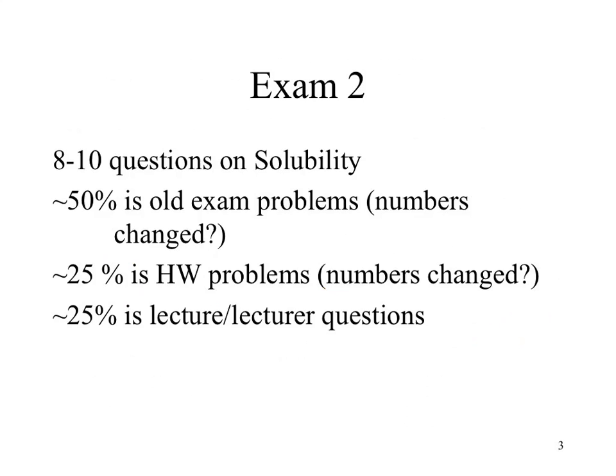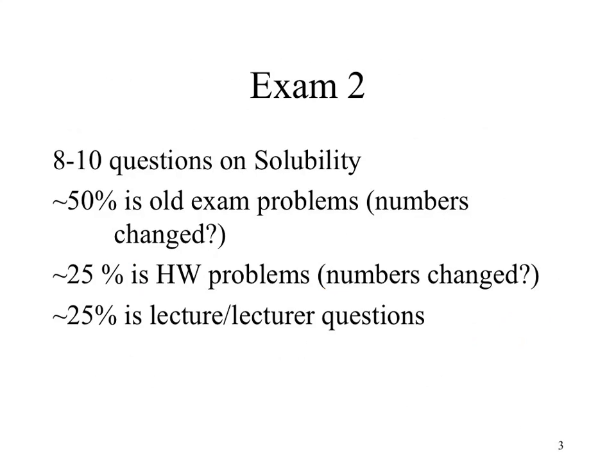50% of it is old exam problems. I do reserve the right to change numbers on that, but 50% is pretty much straight from the old exams, either from summer 11 or summer 12. Roughly another 25% of that is from the homework, either Sapling or Connect. Remember, Sapling and Connect are both testing on ultimately the same types of questions.